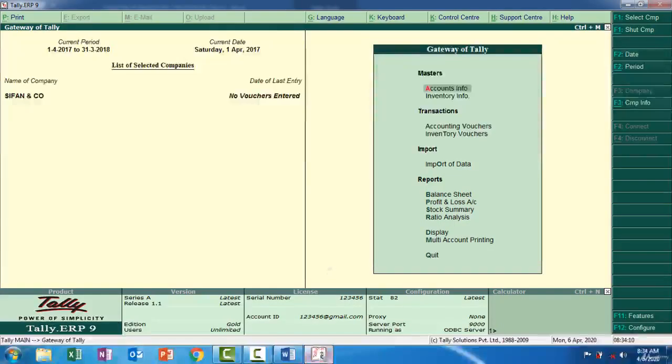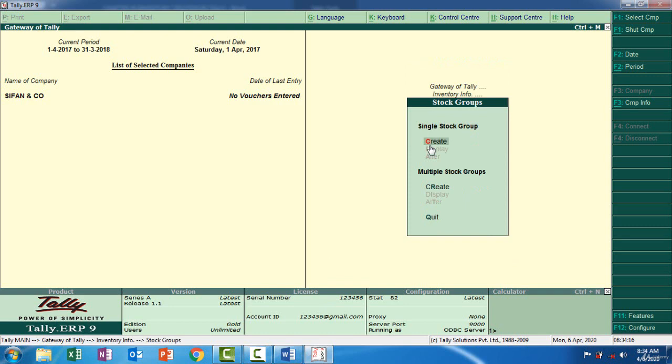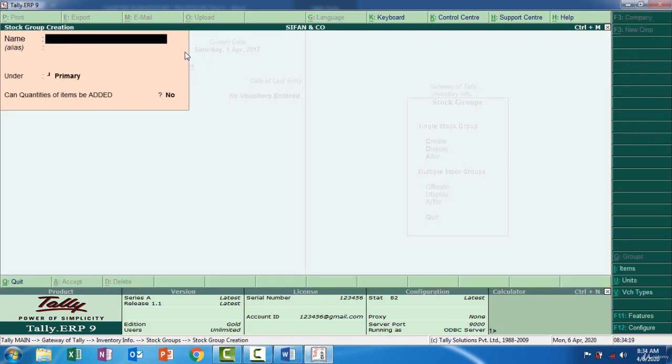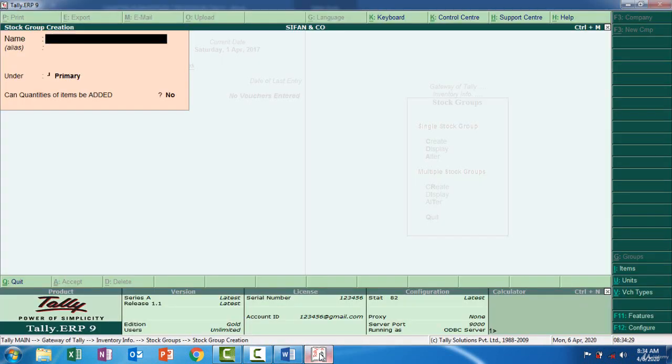First, go to the Gateway of Tally. Under the Gateway of Tally, inventory info, stock group and single stock group. Now I'm going to enter the name. The first group is stock in hand. I'm going to enter stock in hand.